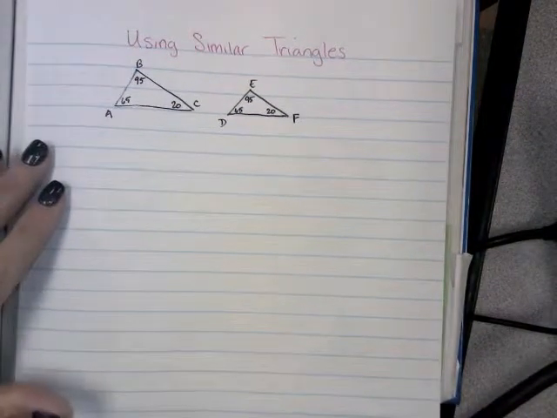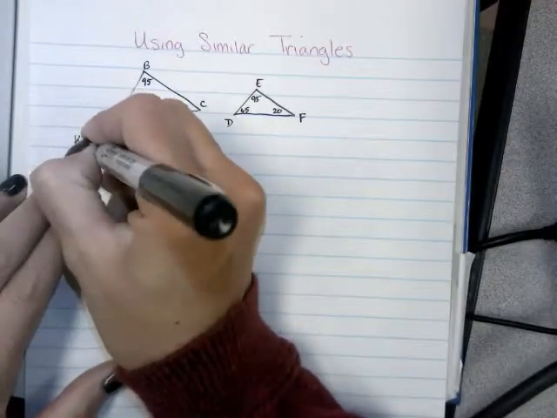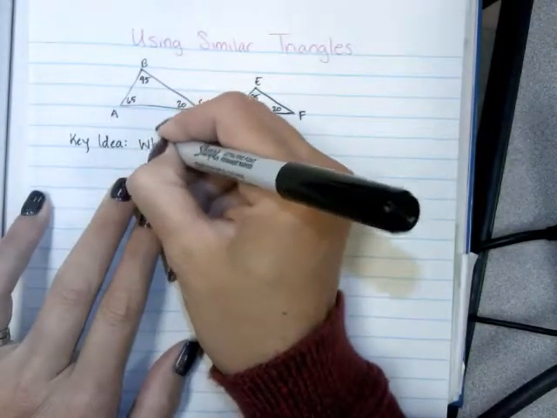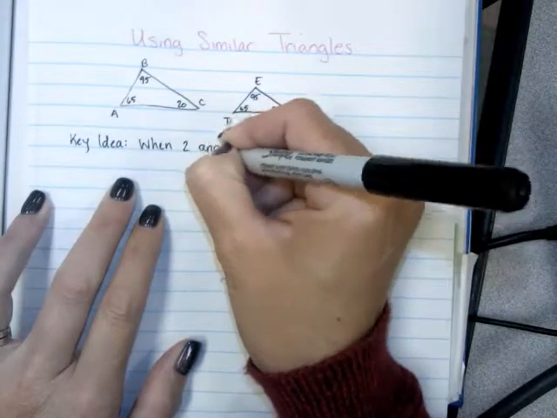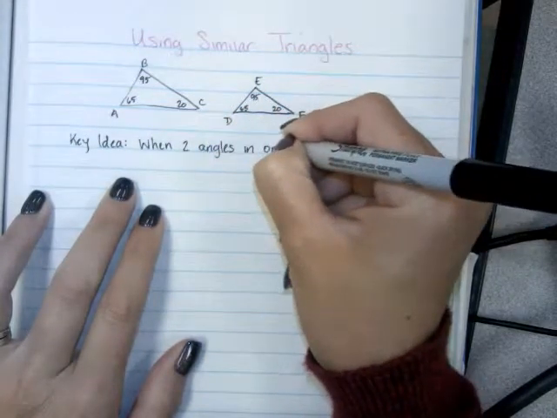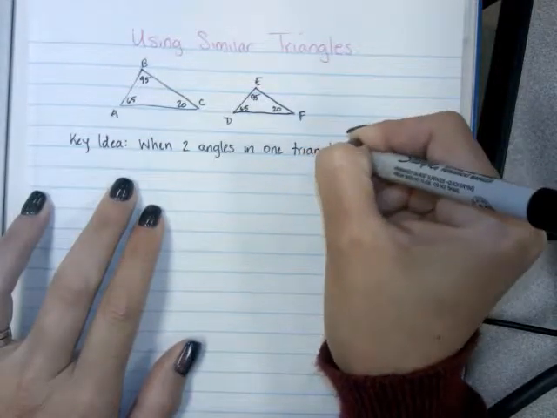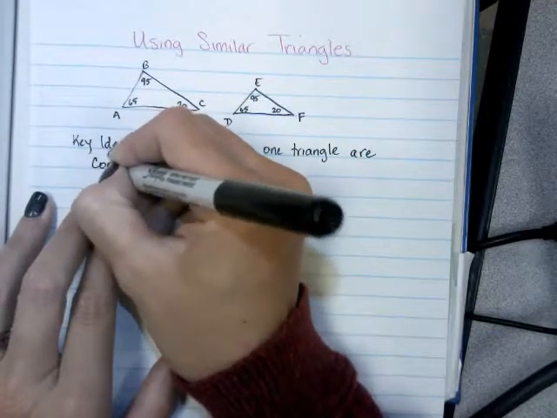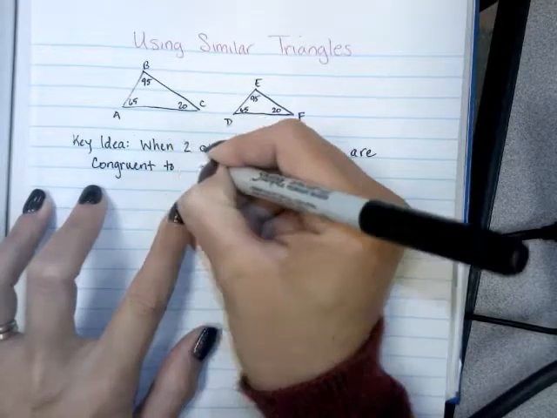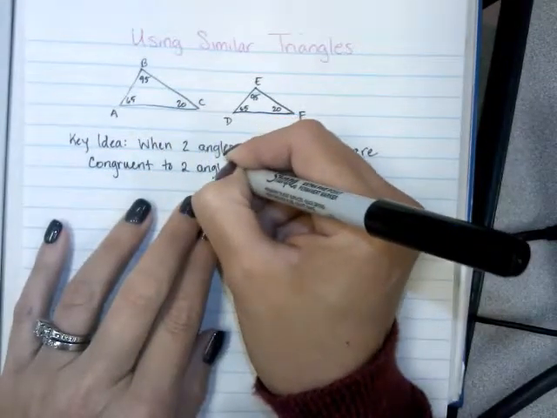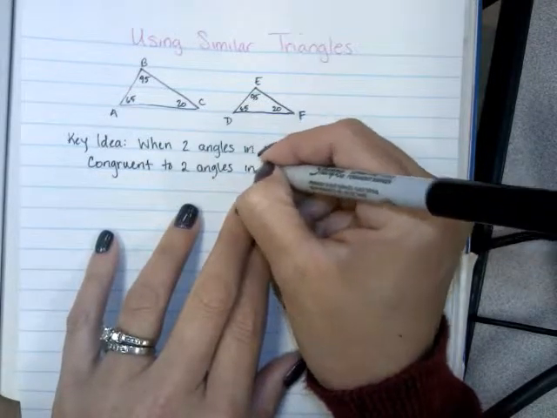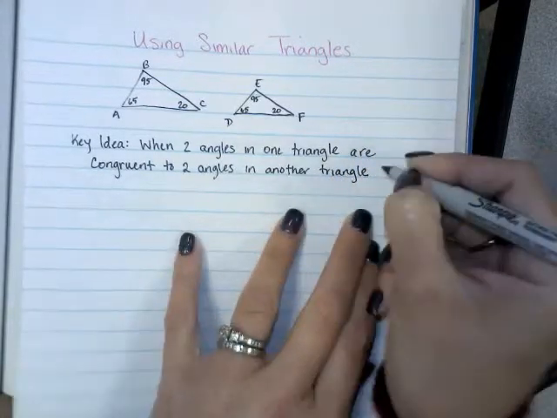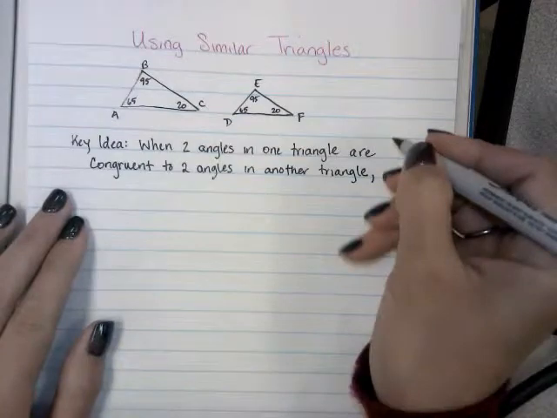So the key idea of this section, we'll actually write it down, is that when two angles in one triangle are congruent to two angles in another triangle, the third angle is also congruent.